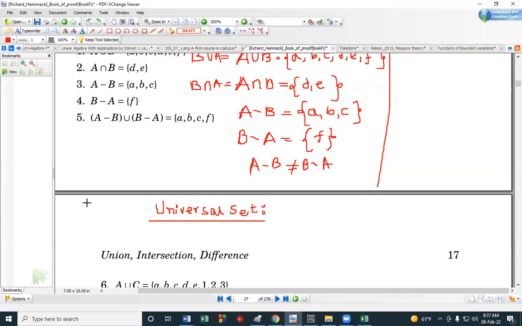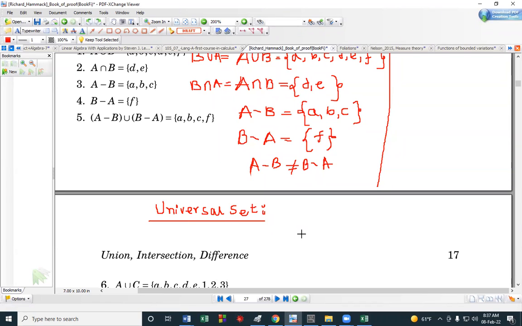Yes, sir, please go ahead. So I think a universal set would be a set that has all the elements possible, all the elements possible under consideration. I would just add two words to your definition.